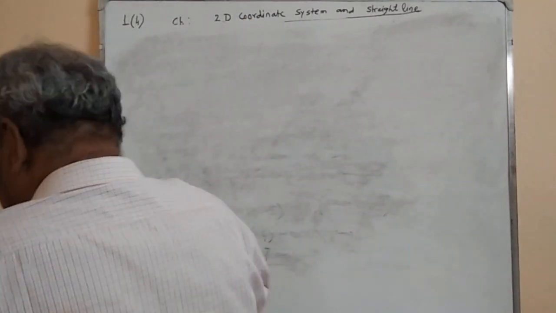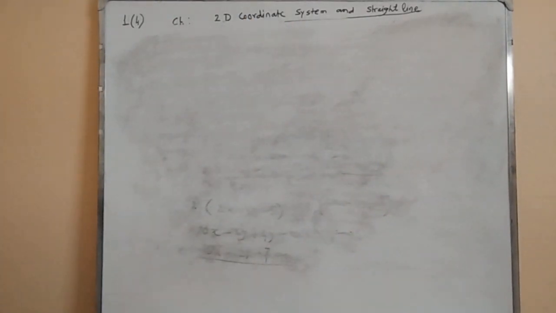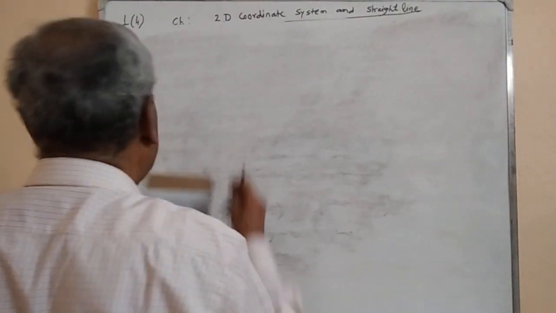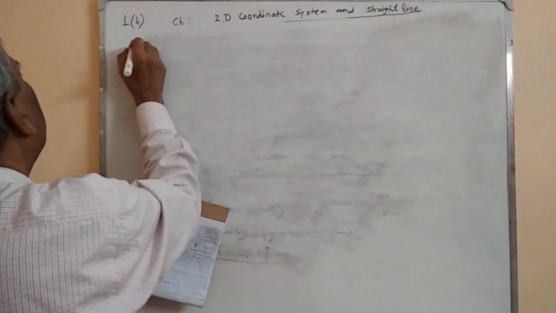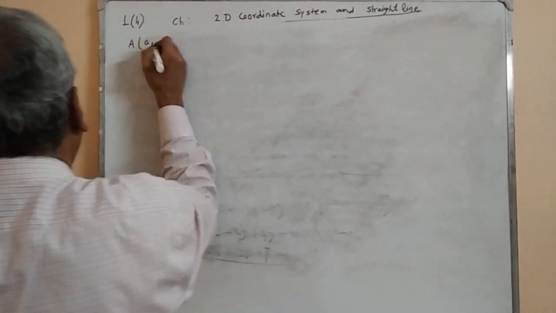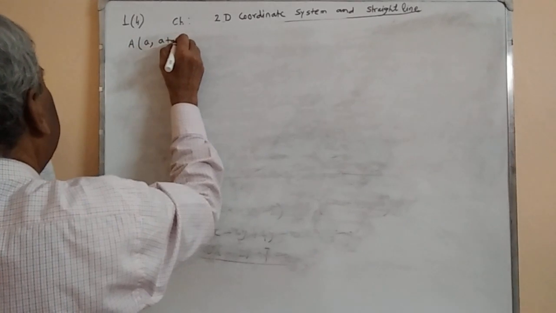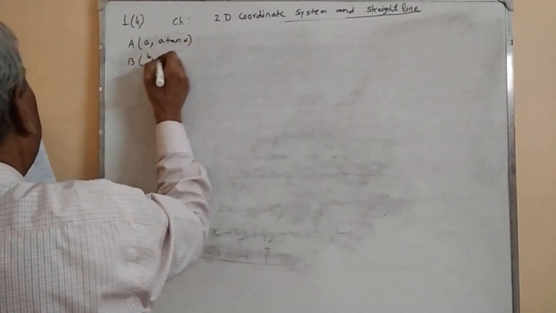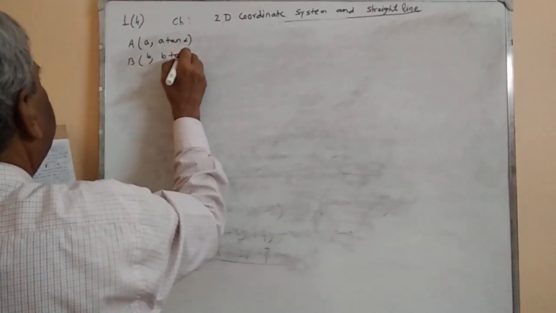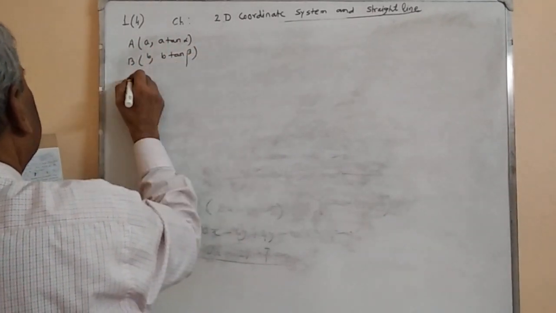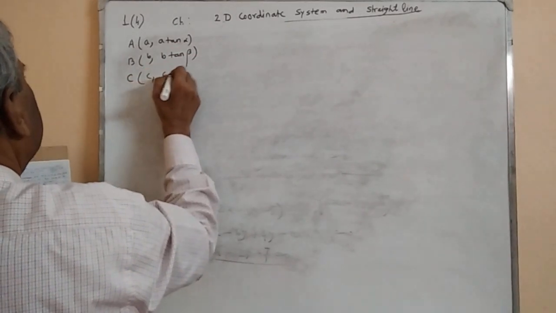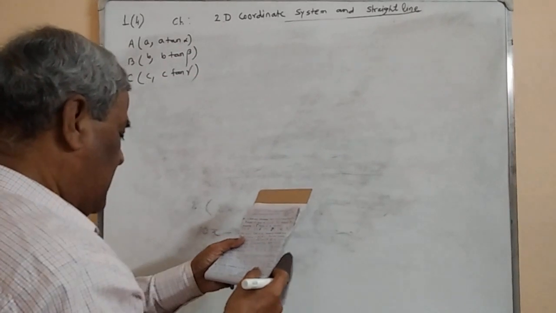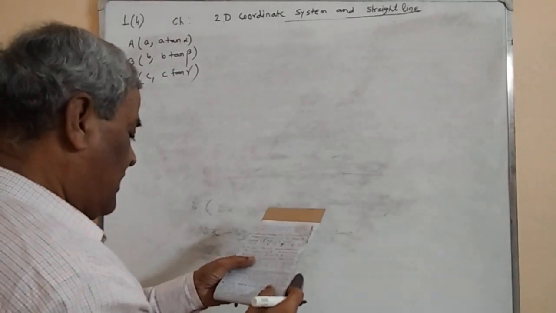A comma A tan alpha, B comma B tan beta, C comma C tan gamma are three vertices of a triangle.